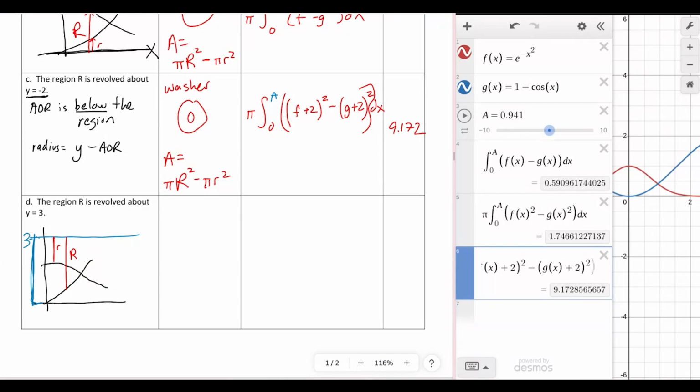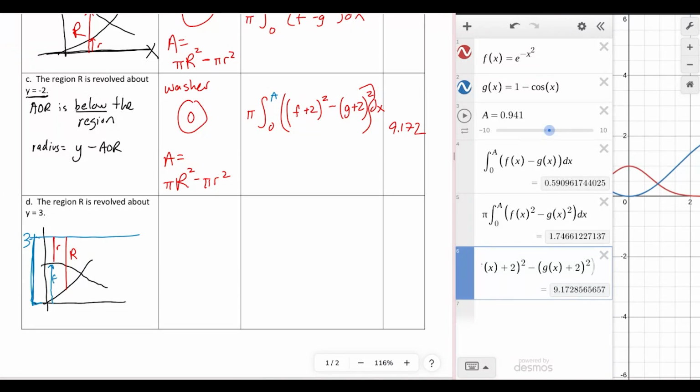And if the distance between the x-axis and the top function is f, then the little radius should be 3 minus f. It's the difference between the height of the function and the height of the axis of revolution. Similarly, if we want the big radius, we can do 3 minus this piece right here, which is the value of that lower function.